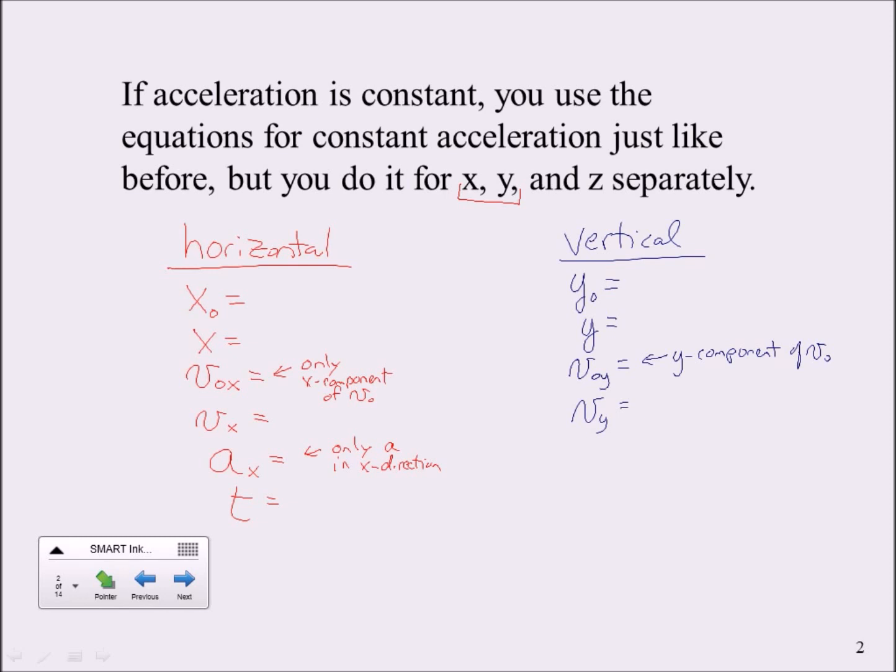And vy, that's the y component of v, just like vx was the x component of v. And again, when we talk about the acceleration, we specifically are only looking at the y component of the acceleration. And again, we have the time.